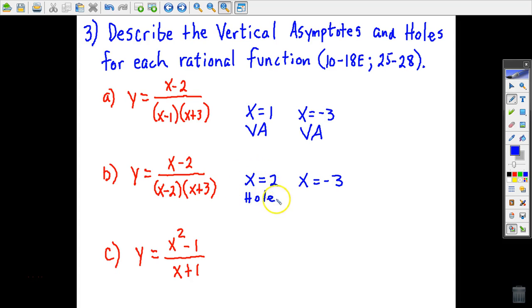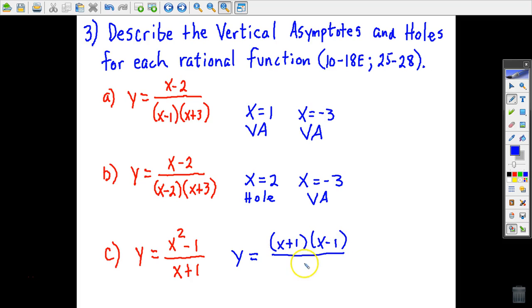And I'll actually show you tomorrow how that fits in our graph, but for tonight I just want you to be able to find them. And then this other number, -3, it only makes the denominator 0, so we're going to label it as a vertical asymptote.